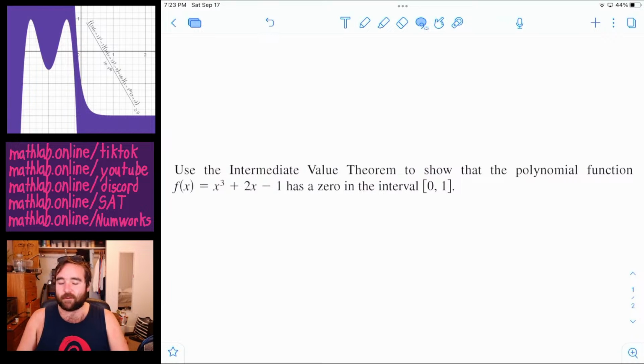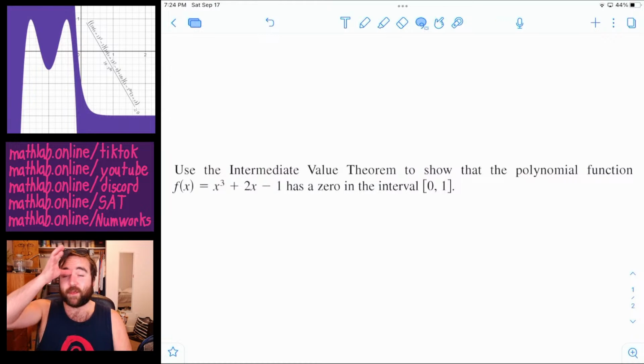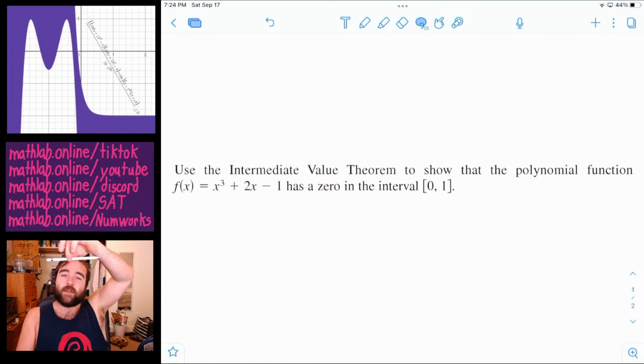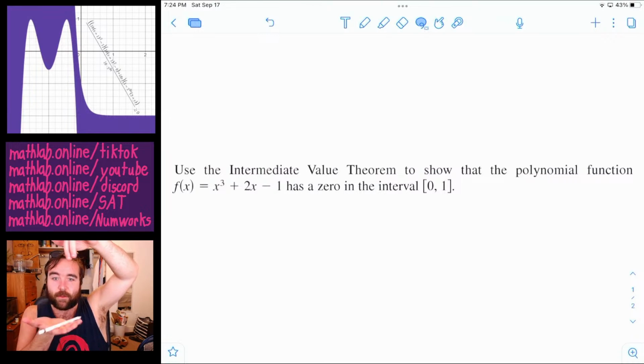So what is the intermediate value theorem? The intermediate value theorem is a very obvious theorem, so don't get it twisted thinking it's difficult or anything. Here's a real world example of what it is. So here's my pencil. My pencil is right here. Call it a foot, 12 inches above my hand. When I drop the pencil, it's now in my hand. Now it's 0 inches above my hand.